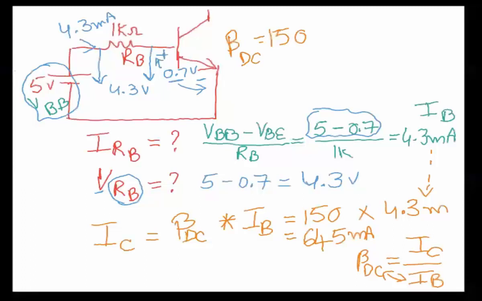The other side of the loop is still unknown. So you're saying if I don't know IC and IB, how do I know beta? You need to know at least two in order to find the third.